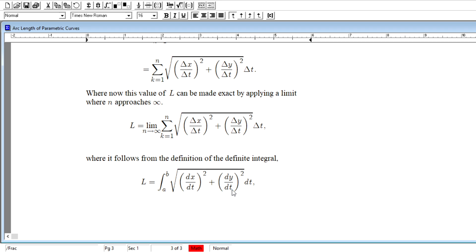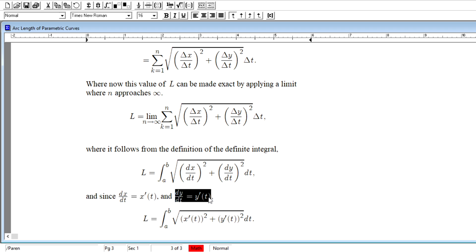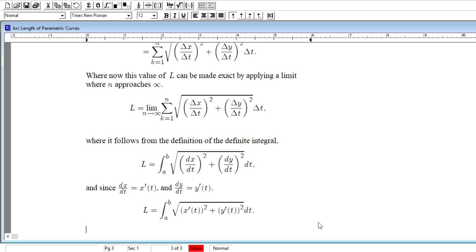Right? What do we know about dx dt and dy dt? Well, dx dt is just x prime of t, and dy dt is just y prime of t. Right? And since dx dt is just x prime of t and dy dt is just y prime of t, we're able to rewrite L as this final statement.